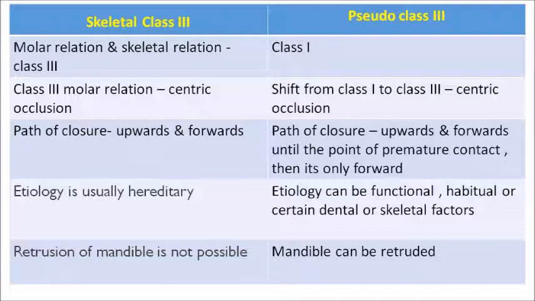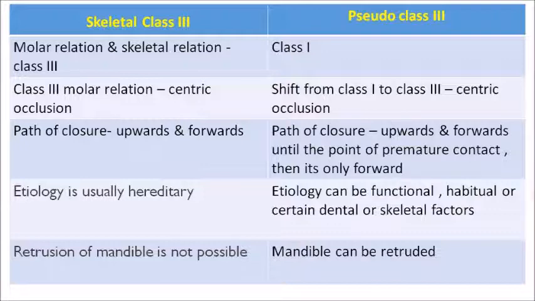Now coming to pseudo class 3 malocclusions, in such cases the molar relationship as well as the skeletal relationship will be class 1, and this will shift to class 3 in centric occlusion. So normally in a resting position you have a class 1 molar relationship, and the skeletal relationship will also be class 1, that your maxilla will be normal, mandible also will be normal.